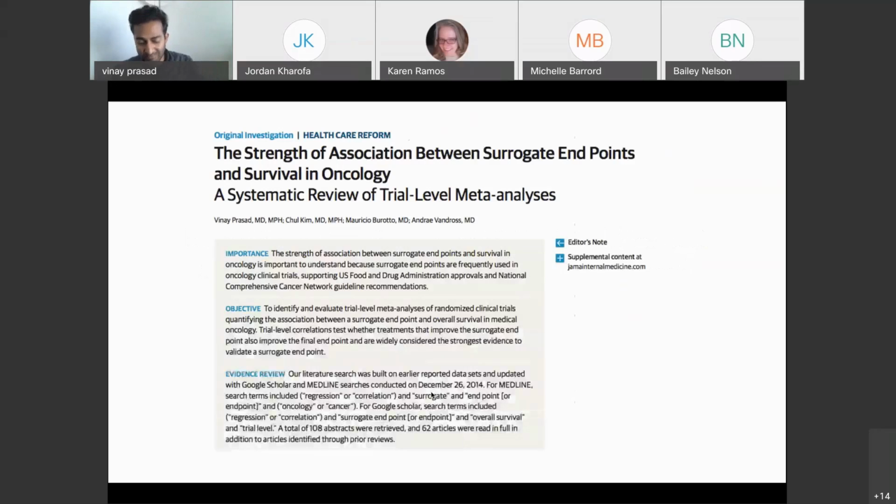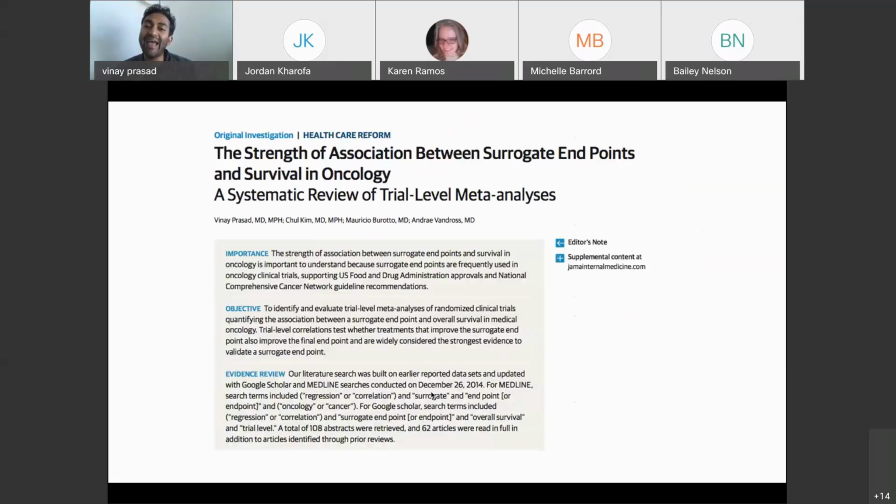Let's look at that question. We've done a number of umbrella meta-analyses looking at the question, do drugs that delay PFS later improve OS? Now, there's a common misconception here, which is somebody might say, let's just pick on MRD, minimal residual disease. Somebody might say people who achieve MRD negativity have a longer OS than people who don't.